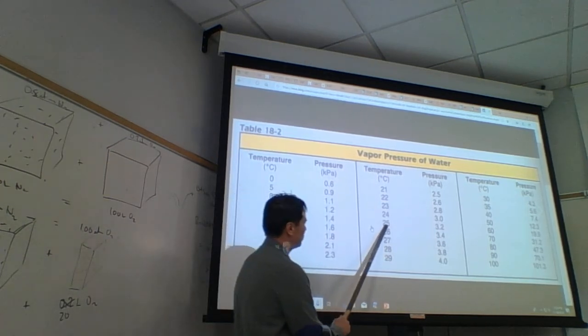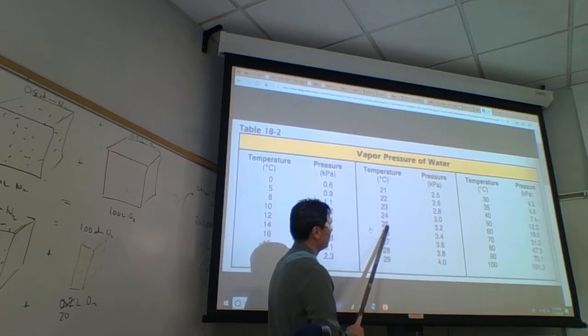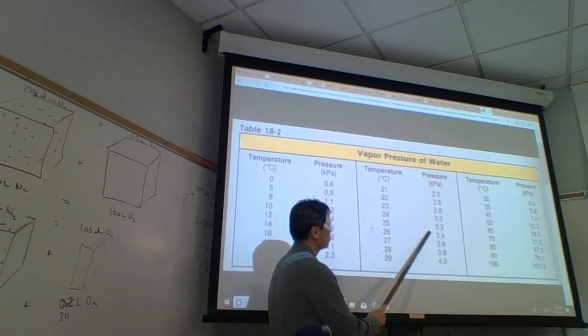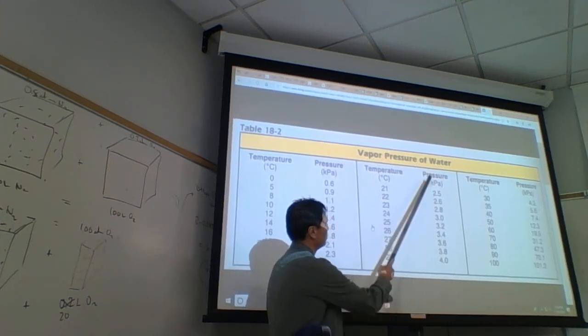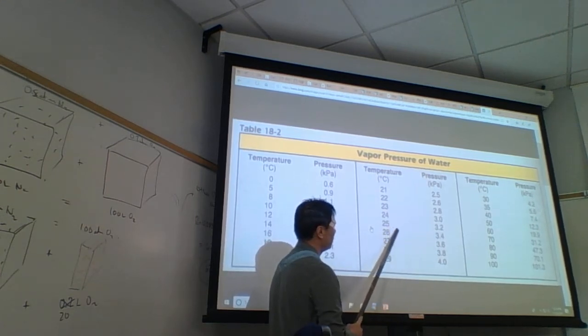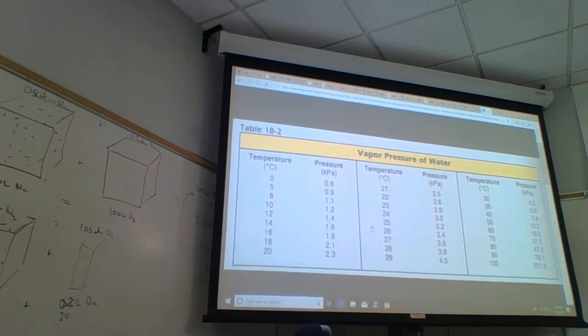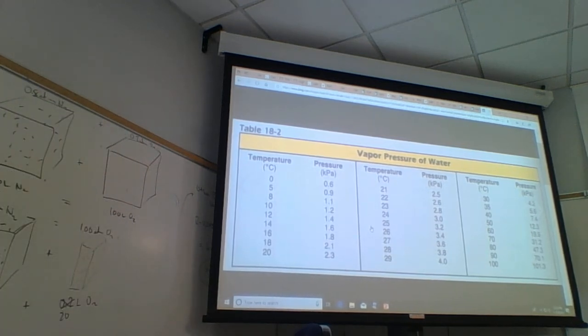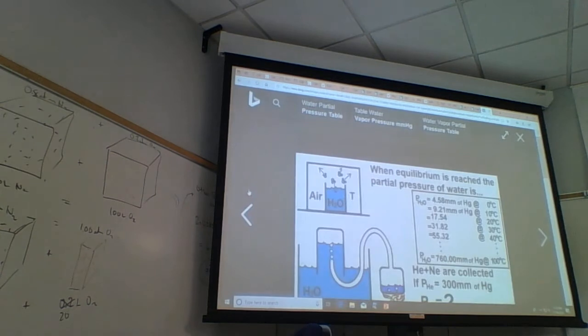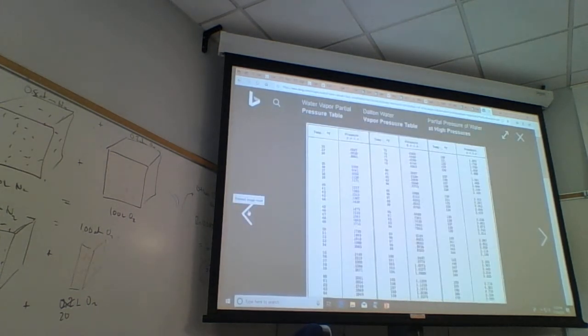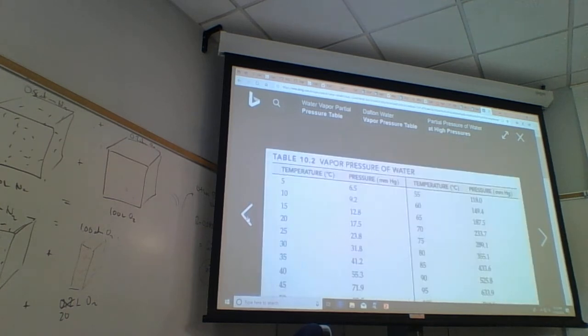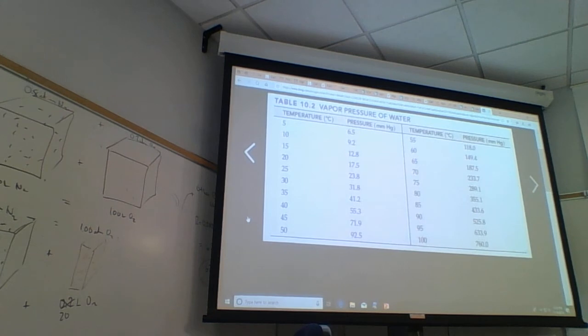So let's say we're at 25 degrees C, then we're going to get just 3.2 kilopascals worth of water vapor there. Kilopascals is one of those European units. So maybe let's try some US style units. PSI. The millimeters of mercury. This is probably better here.